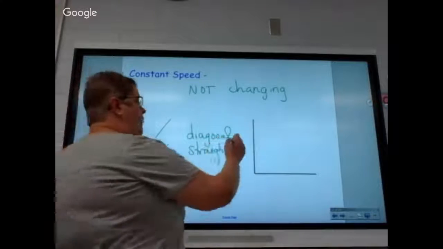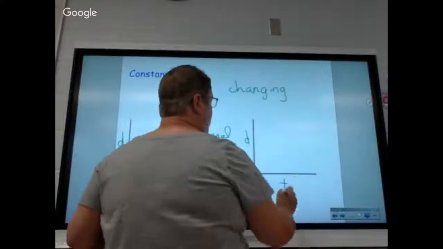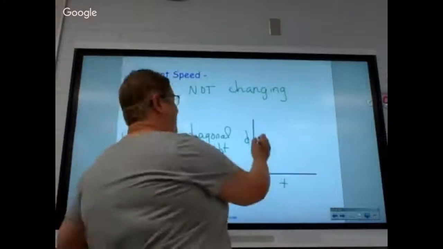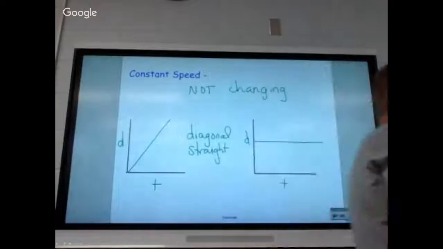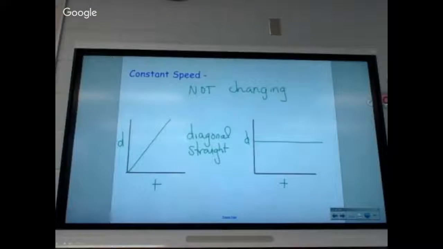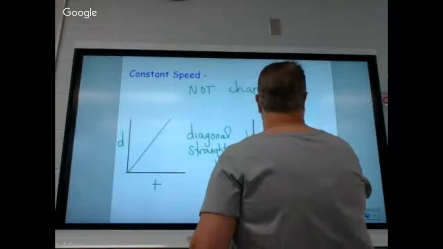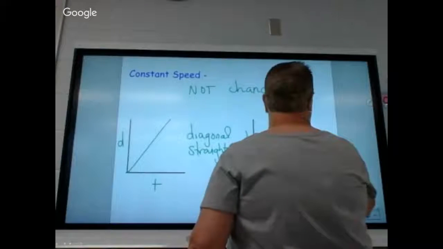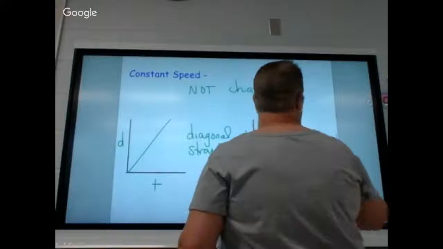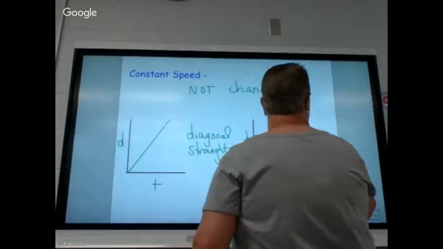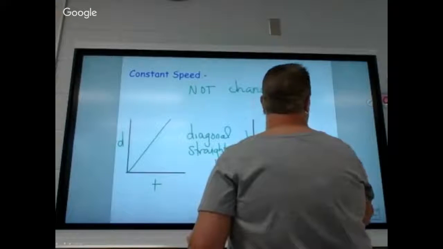Now, the other graph that we drew yesterday was distance and time, and it had a flat line. What did we say that flat line meant yesterday? It meant we're not moving, because distance is not changing.